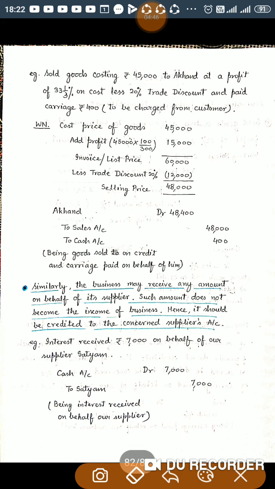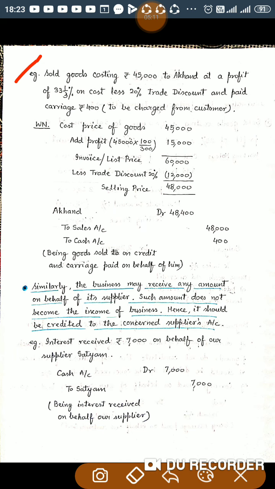Now the next example I have taken in a somewhat more comprehensive manner. Sold goods costing rupees 45,000 to Akhand at a profit of 33 1/3% on cost less 20% trade discount and paid carriage rupees 400 to be charged from customer.